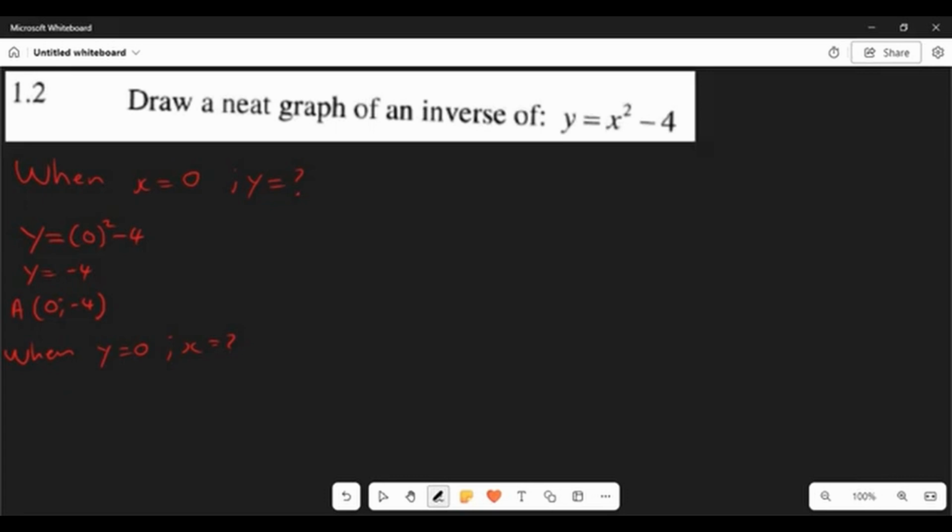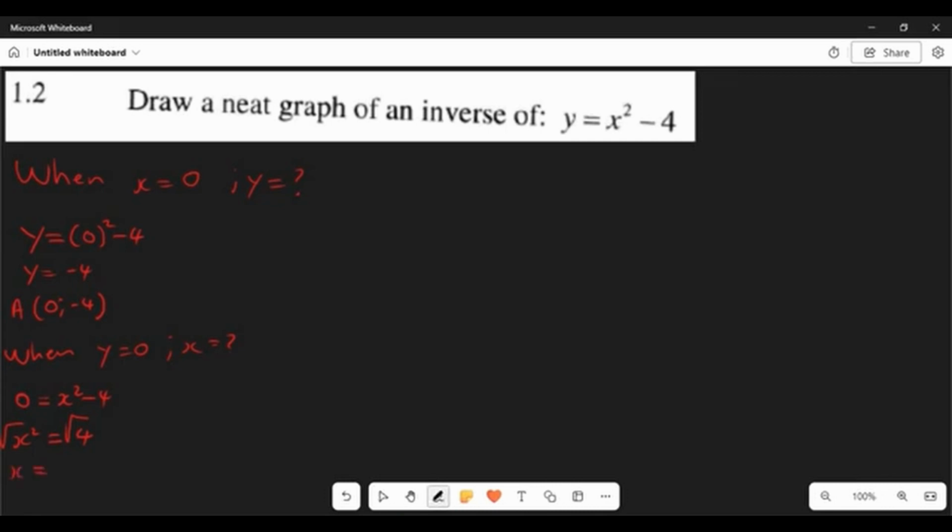We take the original function, so we say 0 equals x squared minus 4. And then we're going to have x squared equals 4. We just transpose this negative 4 to the other side. It changes the sign, and then we square root both sides. What you do on the left-hand side, you must do on the right-hand side.